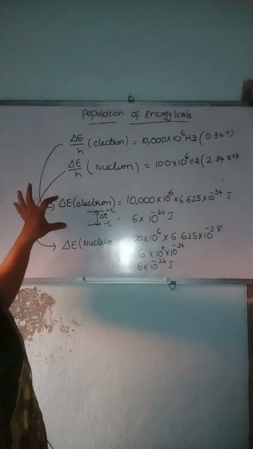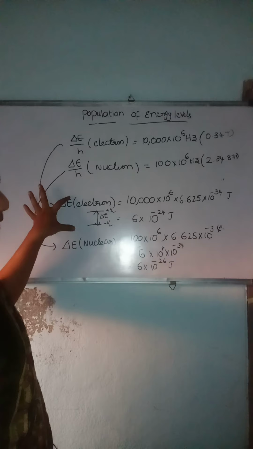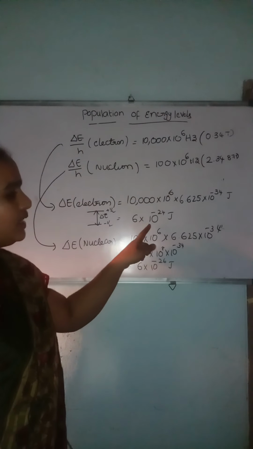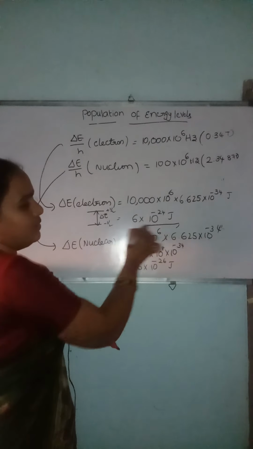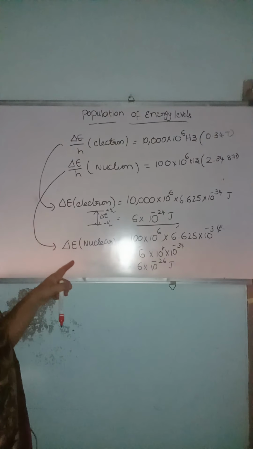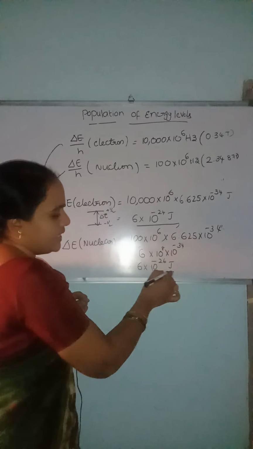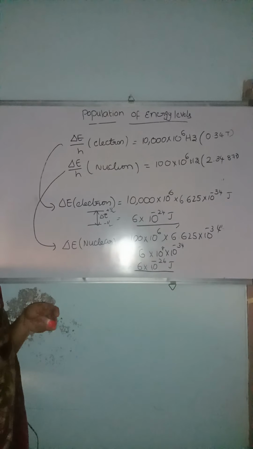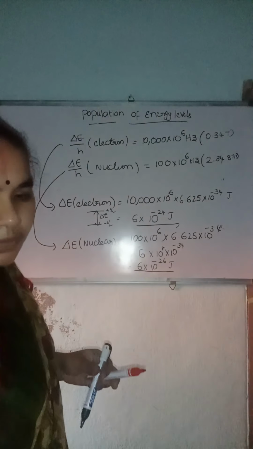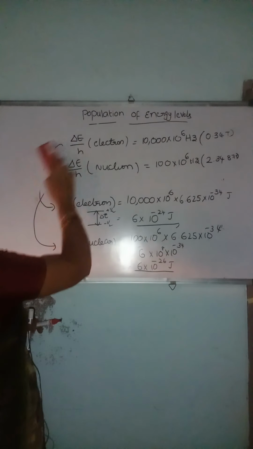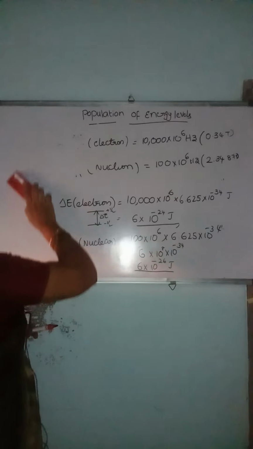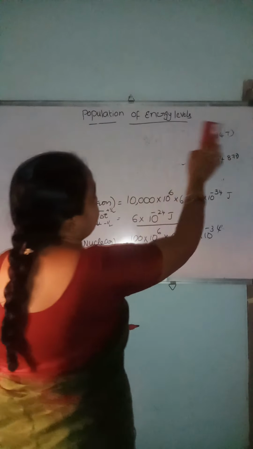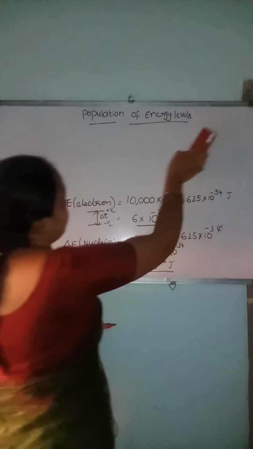So the separation between the two electron spin states is 6 into 10 power minus 24 joules, and between the two nuclear spin states it is 6 into 10 power minus 26 joules.